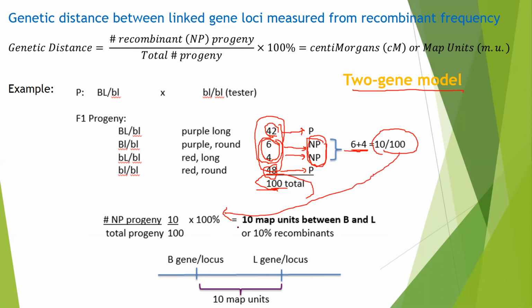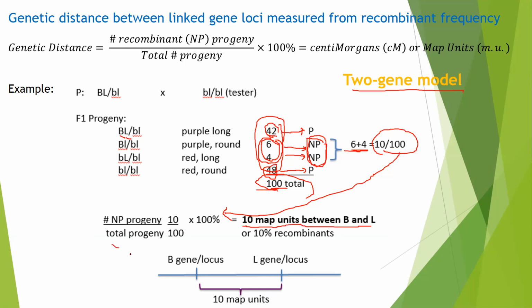So that means the recombination frequency between these two genes, B and L, will be 10%. This will translate to a 10 map unit or 10 centimorgan between B and L, right?